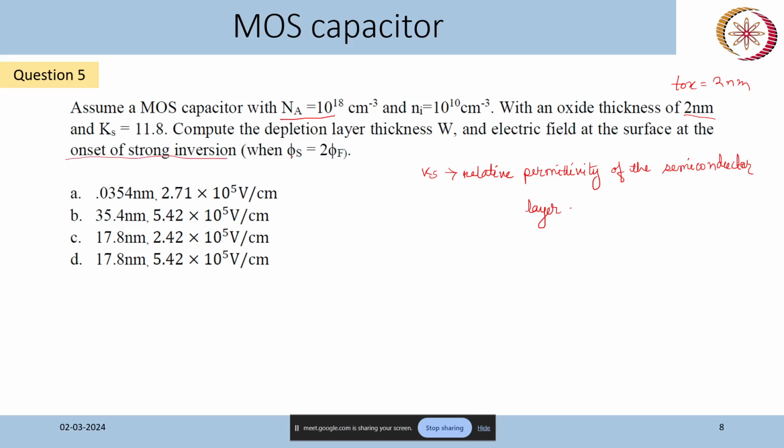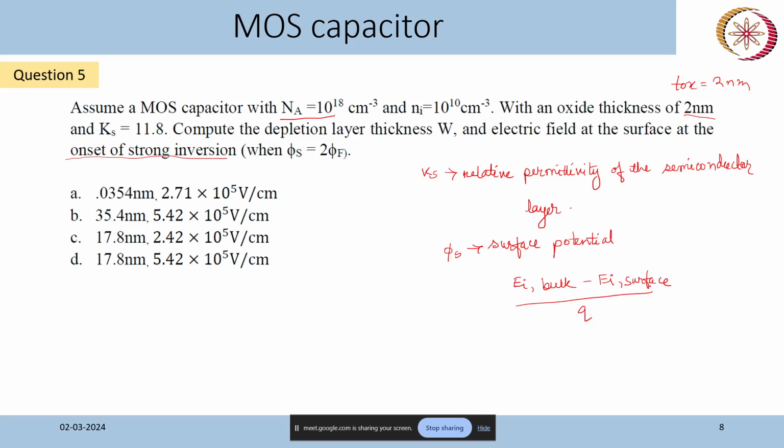It is the condition where phi s, the surface potential, given as Ei at bulk minus Ei at surface by q, is equal to 2 phi f.